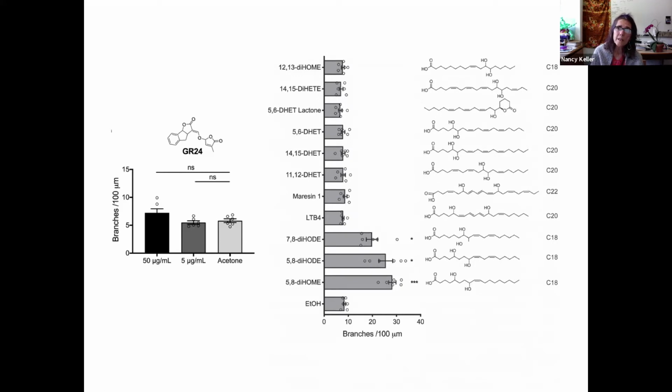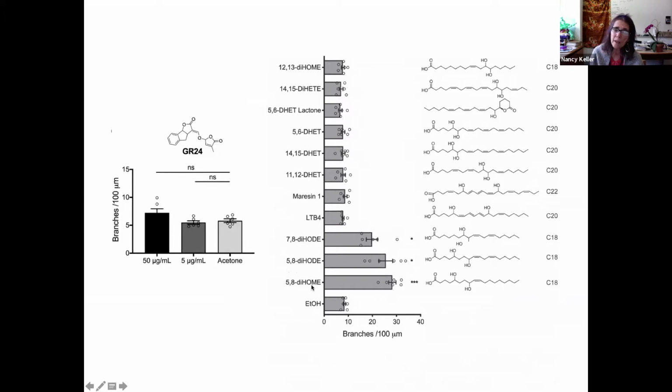So what we next did is we bought or had our collaborator, Ernst Oliw, send us minute amounts of different oxylipins. And what you see here, these top oxylipins are all vertebrate oxylipins. And then these three right here are from fungi. This one is from Magnaporthe, Aspergillus, and another Aspergillus one.